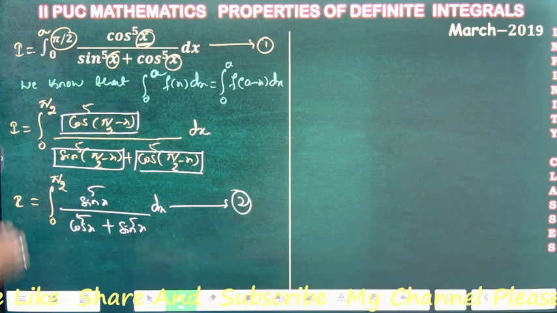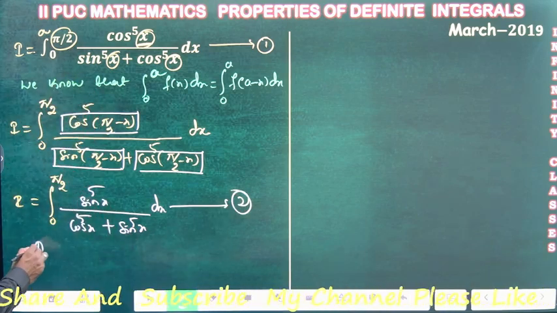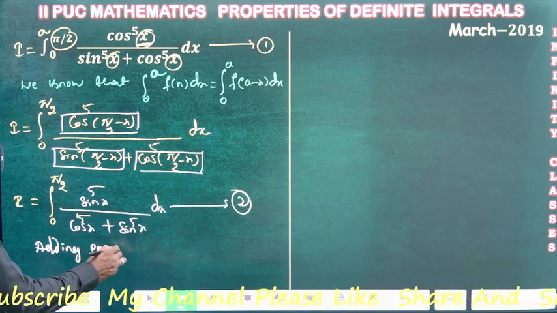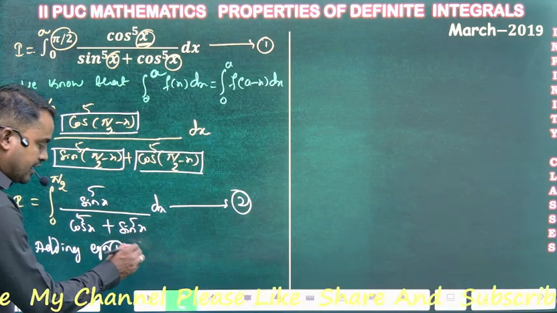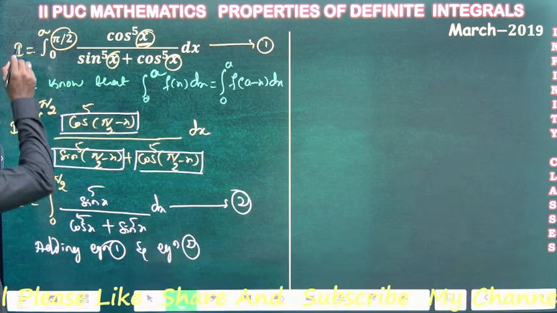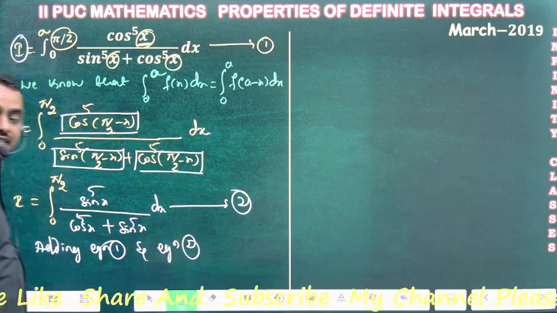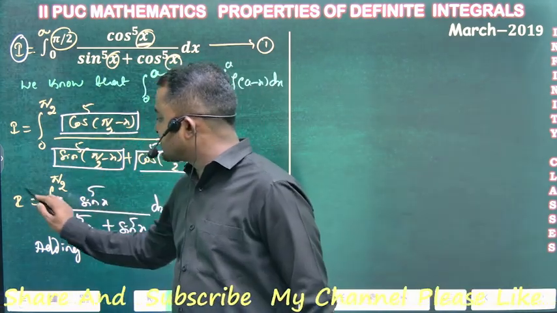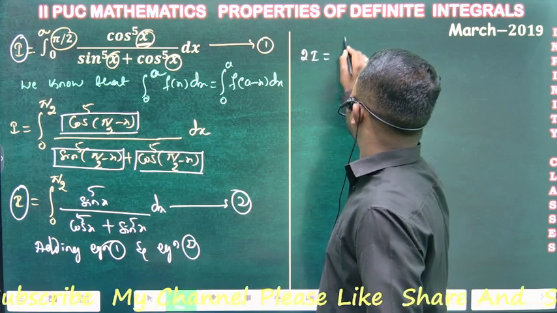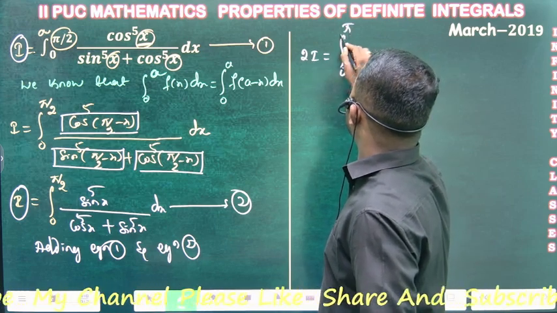Now adding equation 1 and 2. See here, what is the left hand side part of equation 1? I. Here also I, so I plus I is what? 2I. 0 to 5 by 2.